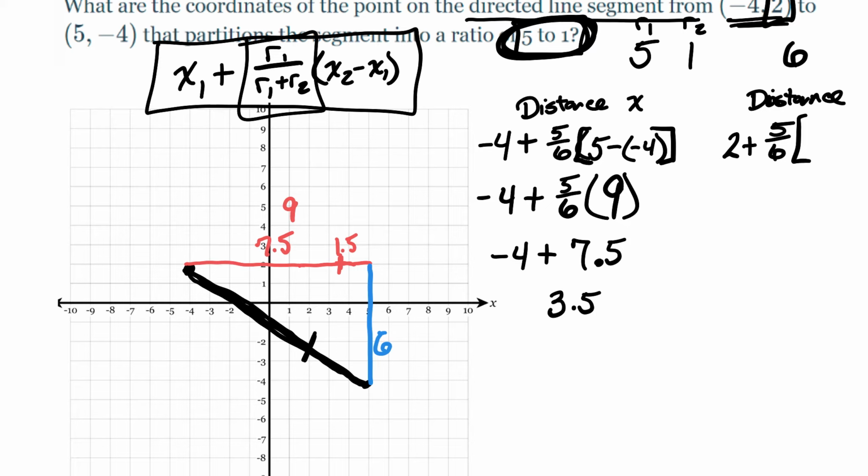So I'm starting at x1, so it's very important you get this part right. So I started at 2, so my y2 value would be -4 minus my y1 value, excuse me, +2, and it ends up being negative. So still starting at 2, we're going to travel 5/6 of the way down this line.